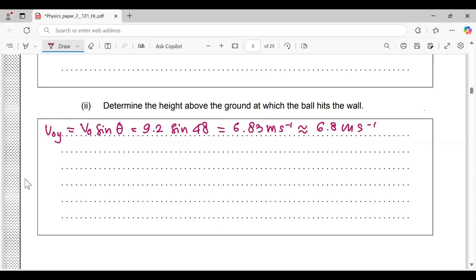Okay, the vertical motion in this case is described by the equation like this.